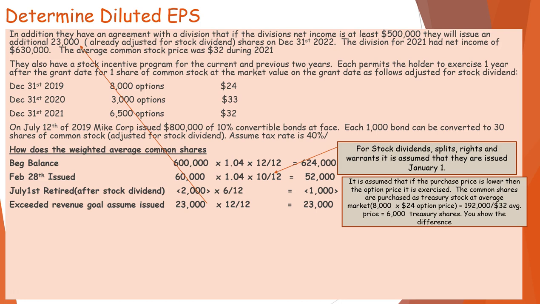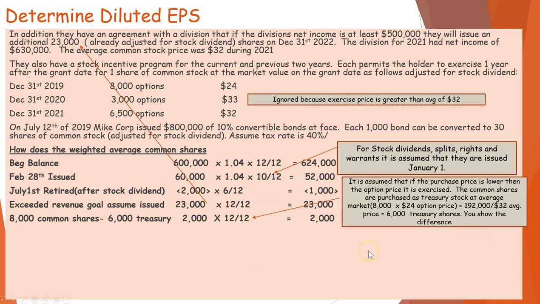That's what we would have to buy in treasury stock. So 8,000 minus the 6,000 means we're really only going to add an additional 2,000 shares for the whole year. Again, these two are ignored because the exercise price is equal to or greater than the $32.